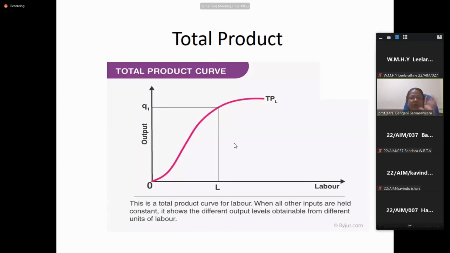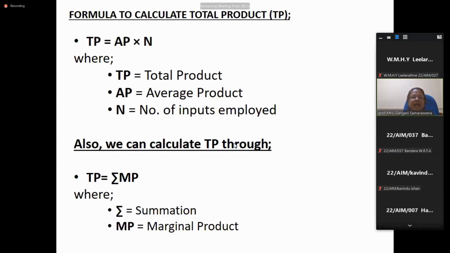So the total product curve, I think, is again clear to you all. Output and labor, you can draw like this. Again, I am just summarizing. The total product, if you take the other way, is average product multiplied by number of inputs. There are many ways of getting total product. If you know the average product, you multiply by N, because to take average product we divide total product by number of inputs.